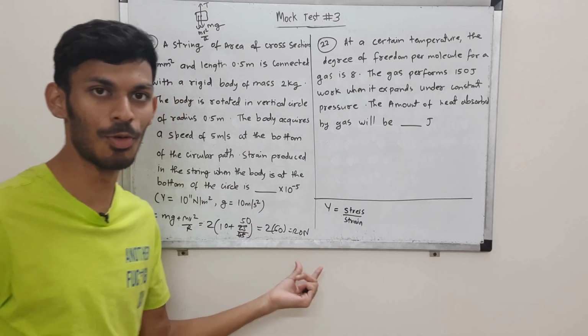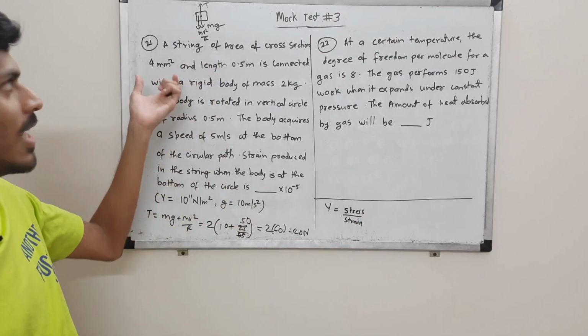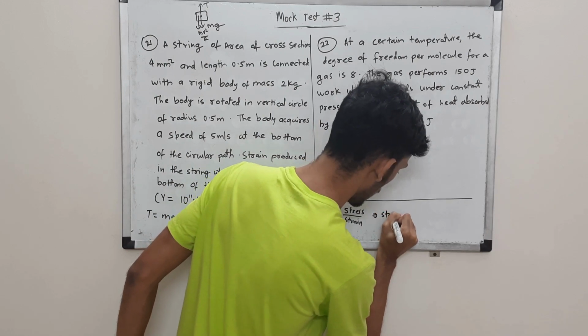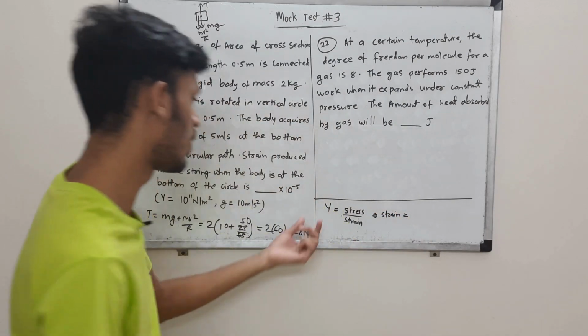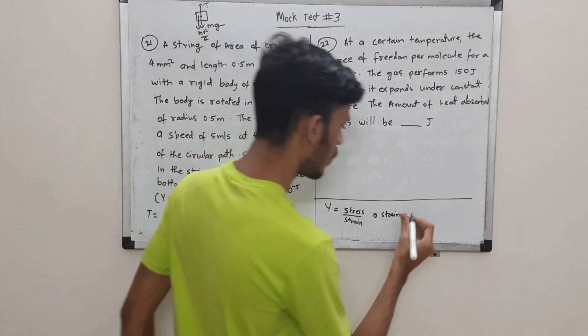Stress is force by area, so that's why area is given. Strain will be stress by Young's modulus. Stress is force per unit area.